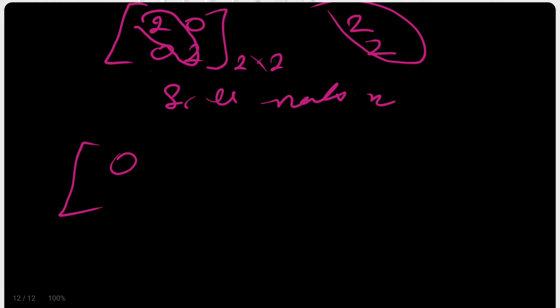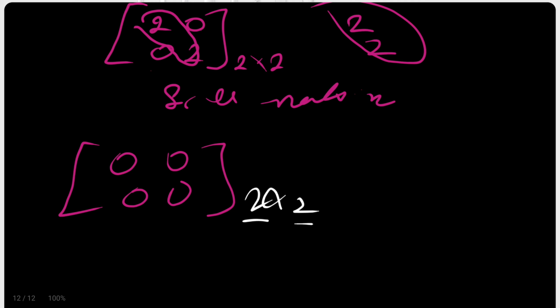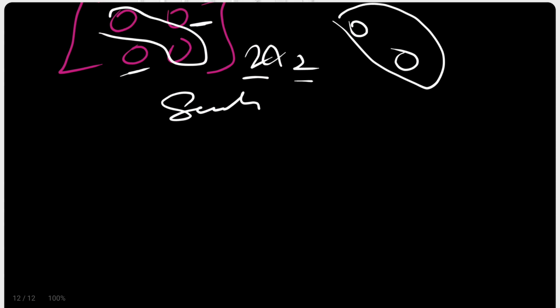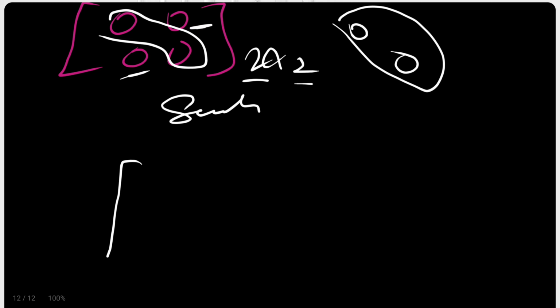Take another example. Suppose this is 0 0 0 0. It is a 2 cross 2 matrix, 2 rows 2 columns. The diagonal is totally the same, 0 0. The non-diagonals, this one and this one, are 0. It means that it is our scalar matrix. Take another example.